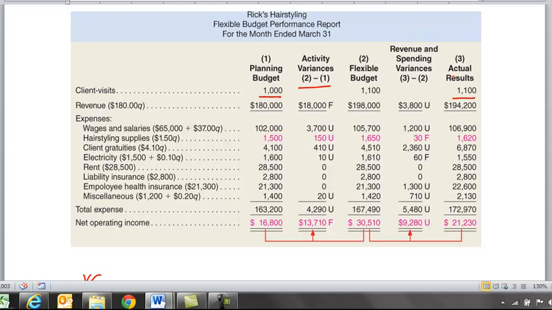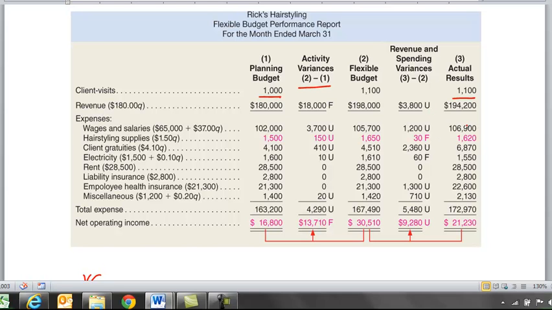Then we have revenue and spending variances, and that's where we compare actual results to flexible budget. So it's actual minus flexible, and it's the same outcome. You can see here, my actual minus my flexible gives me a negative 3,800. Negative 3,800, even though it doesn't show you negative, it would be a negative number, is unfavorable when it deals with revenue.